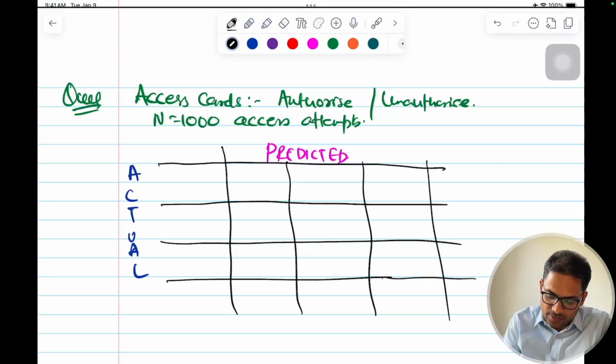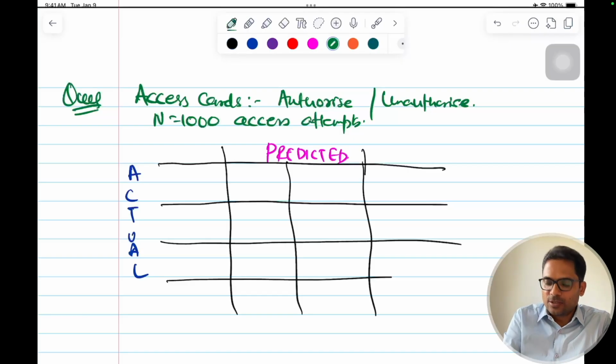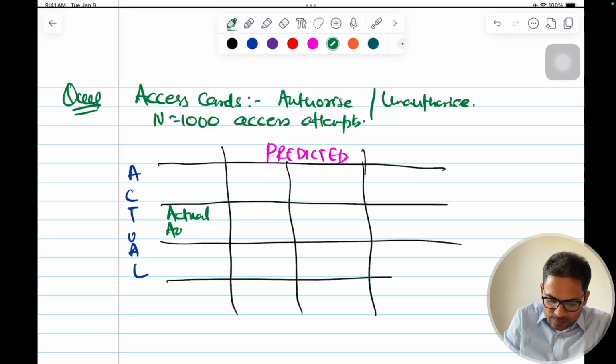Okay, so actual authorized to enter, and the system predicts that this person is authorized.